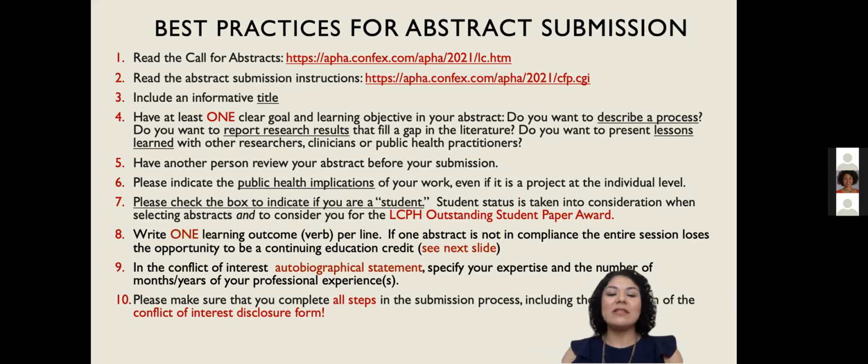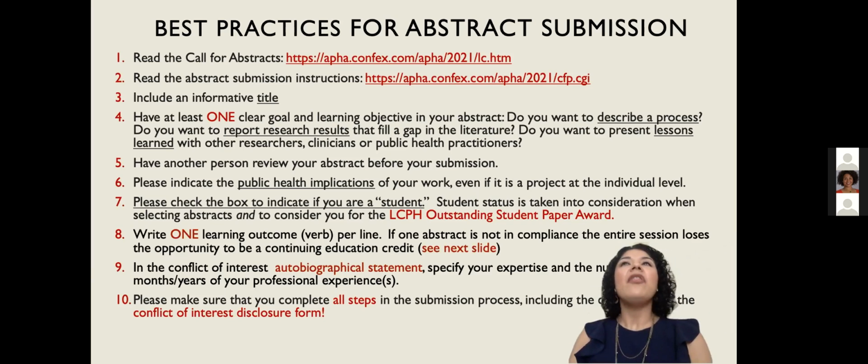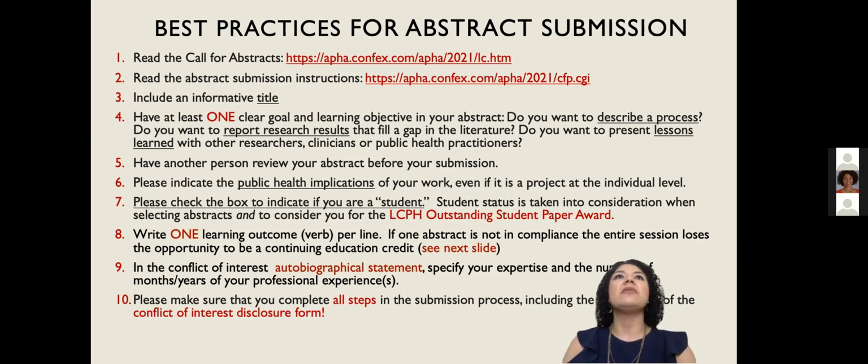And of course, just fill out every single step. The nice thing this year is that with this year's update in the software, it's really hard for you to actually miss a step and check off all the boxes, including the completion of the conflict of interest form. I think the biggest mistake that most abstract submitters make is that they don't fill out that conflict of interest form or they don't check off the proper box.